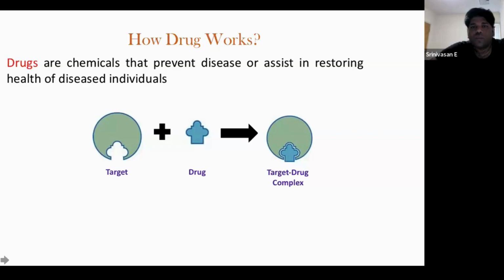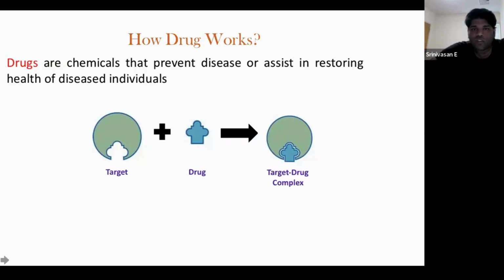The intriguing part here is that drugs are molecules that act like a key, and targets are molecules that act like a lock. It's just like a lock and key mechanism, where the drug goes and binds to the target and helps to unlock it. This can be used in different ways: as an inhibitor, as an activator, in allosteric pathways, or in different mechanisms of action.